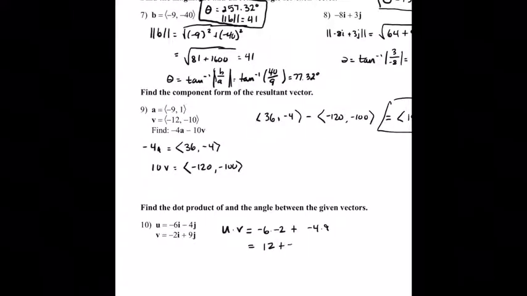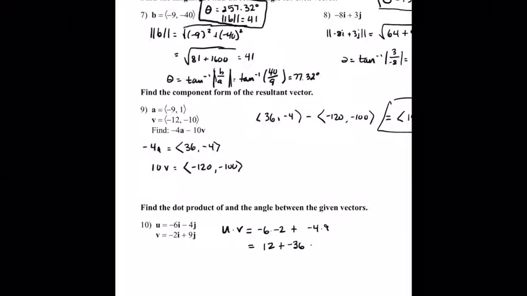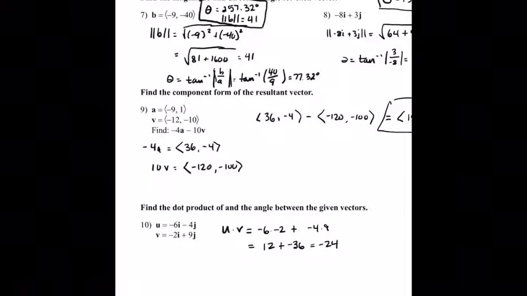So this is 12 plus -36, which is -24. So that's the dot product.